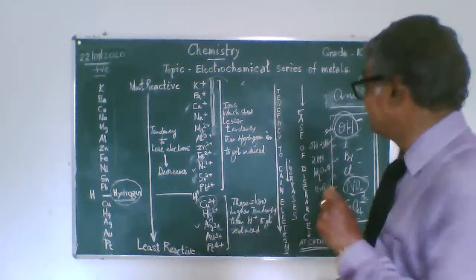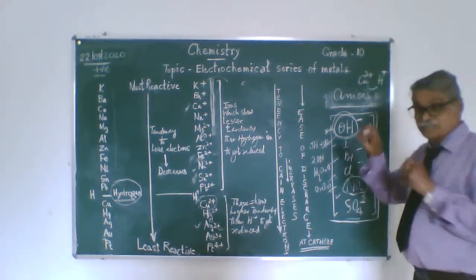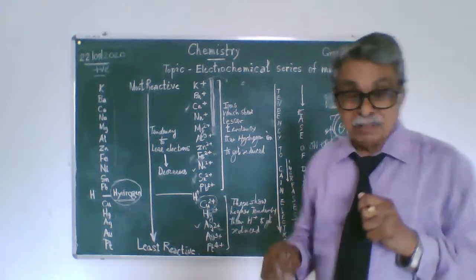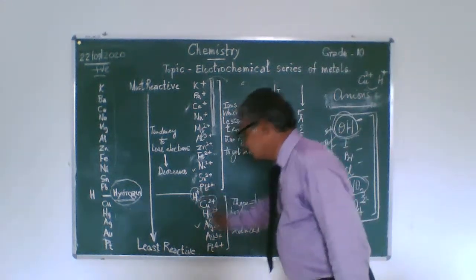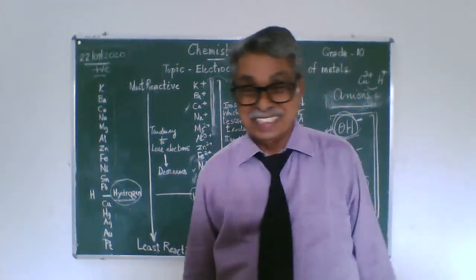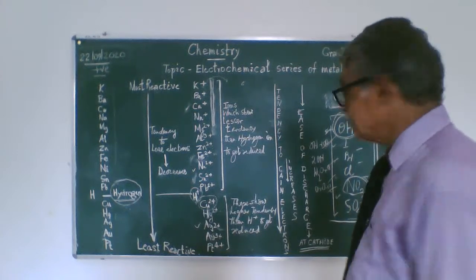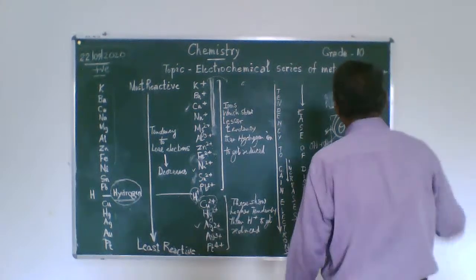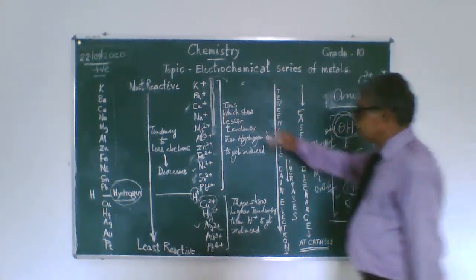Copper ion is there, hydrogen ion is there. The one ahead of copper, hydrogen, will win. So this way, you can easily understand which ion comes out of the solution.